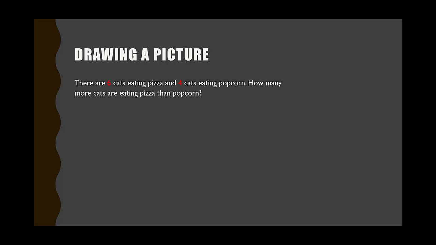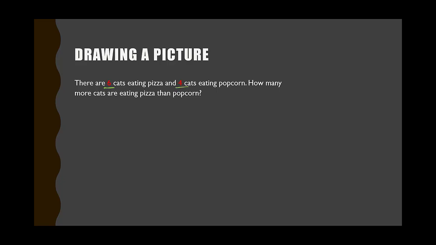So you can also draw your own picture if you're not given a picture. In the last slide we had pictures of cats eating pizza and pictures of cats eating popcorn. But this is the same groups, but we're going to draw a picture this time. It says there are 6 cats eating pizza and 4 cats eating popcorn.